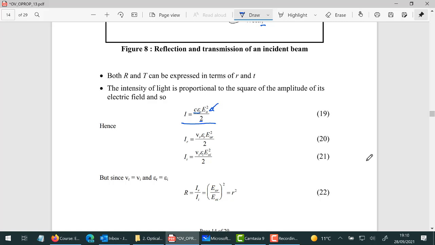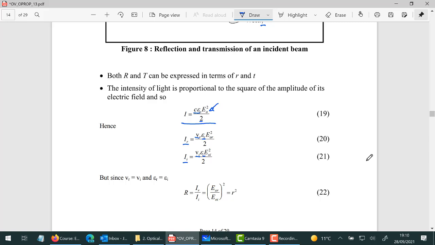For the reflected beam, then we have to think about the speed of light in the reflected medium and the permittivity of the reflected medium, and the same for the incidence. We have to think about the speed of light in the incident material, the permittivity of the incident material.